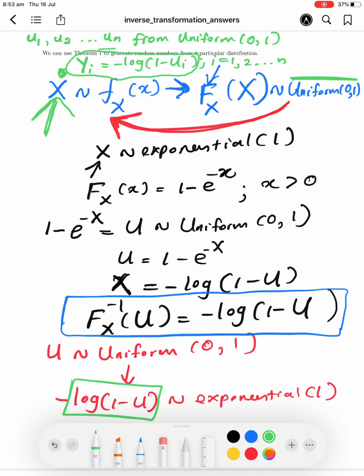So in order to get a set of random numbers from X, you need to generate a set of random numbers from the uniform distribution and substitute into the formula here. Then we get a set of random numbers from the distribution of X, or in this case exponential 1.